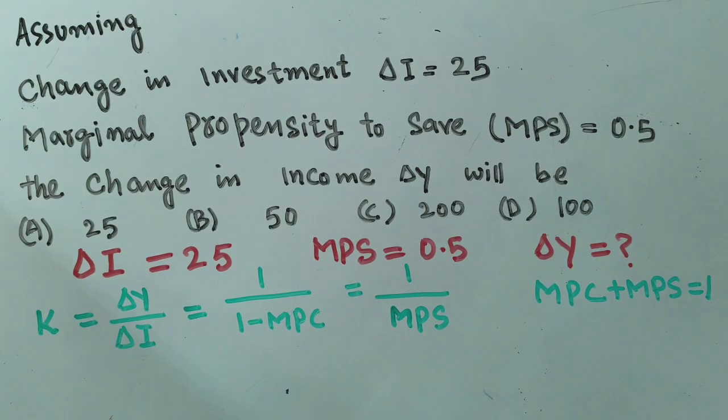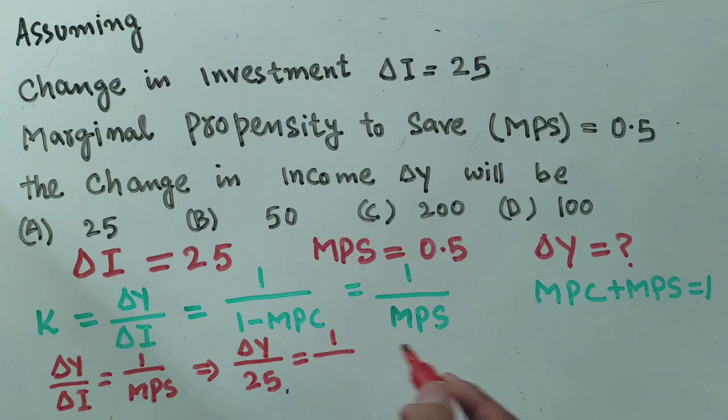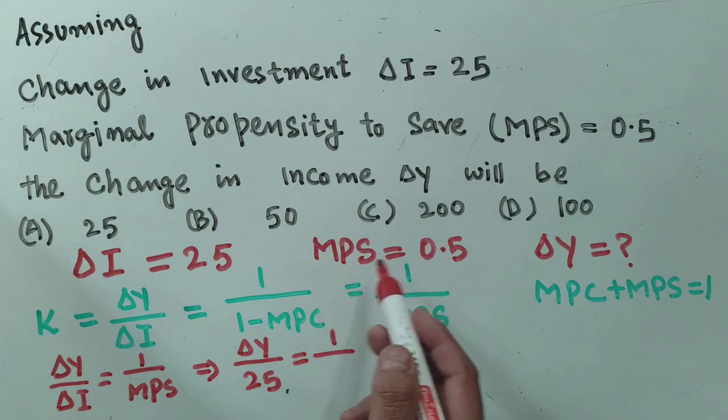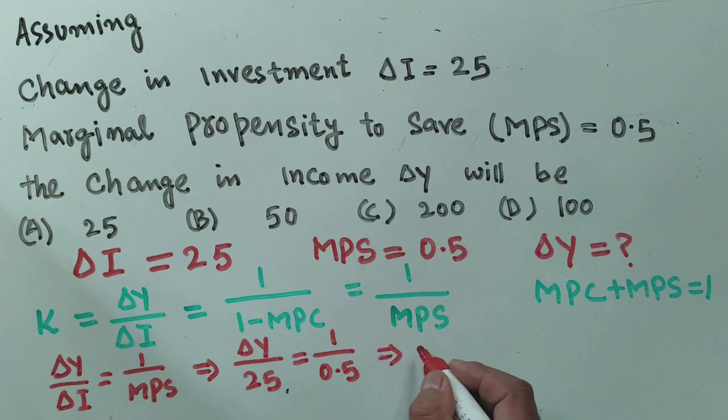Okay, so we have this equation now, del Y upon del I is equal to 1 divided by MPS, which implies del Y, we have to find out del I, that is the change in the investment, is 25, should be equal to 1 divided by MPS, that is being given us as 0.5. Can we rewrite it like this?